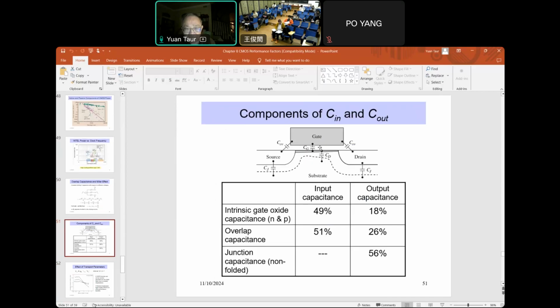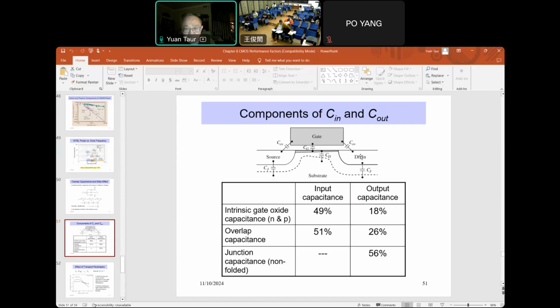C in consists of the intrinsic gate capacitance, the CG, and C overlap. Actually, it's almost 50-50. Half of the input capacitance comes from the intrinsic gate capacitance, but the other 50% comes from the overlap capacitance. Okay, some of it due to the Miller effect.